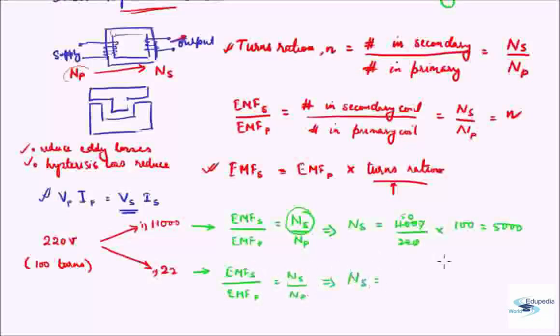That will be EMF secondary, which is 22 volts, upon EMF primary 220 volts, multiplied by number of primary turns, which is 100, and that will give me 10. Therefore, in the second case, where we are stepping down to 22 volt from 220 volt, we will need 10 turns, provided there are 100 turns in the primary side.